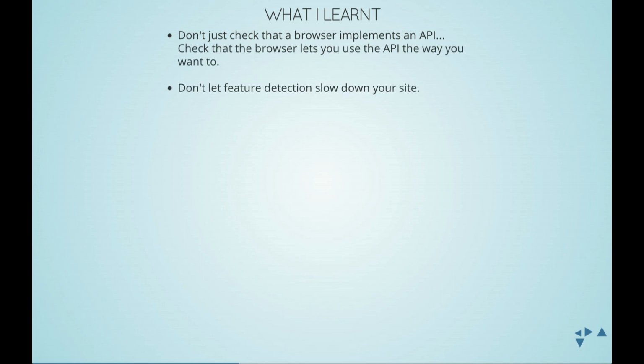You also need to make sure that you don't let feature detection slow down your site, right? It's always simple to do everything up front, do all your checks up front, and then you can always have it there. But you don't want to sacrifice the user's loading performance just for simplicity, right? This is the unfortunate thing: when it comes to performance, your code can start off beautiful.